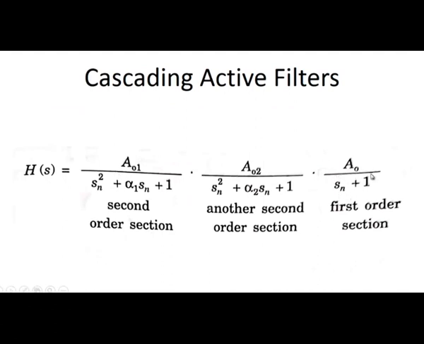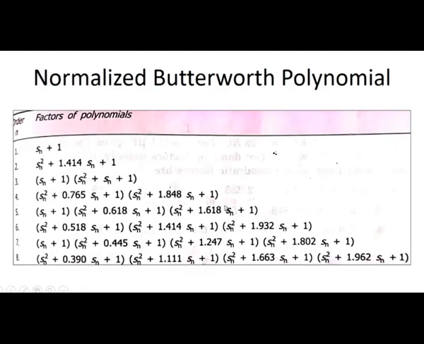See here, this is the denominator term for the first order section. So, it is Sn plus 1. For the second order, it is Sn square plus alpha 1 Sn plus 1 here. Here just the damping factor is different, but the polynomial is the same, Sn square plus Sn plus 1. So, for the second order, this is Sn square plus Sn plus 1.